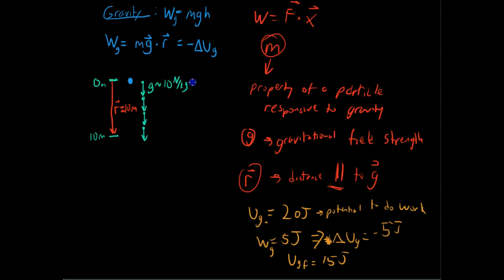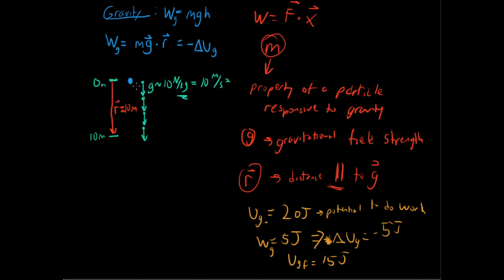That's really the same as 10 meters per second squared, but we're more interested in this unit structure at this point in time. I've drawn the field vectors, and it's a uniform field, so it's just going to be 10 in each case, from our starting point to our end point, through a distance of 10 meters.